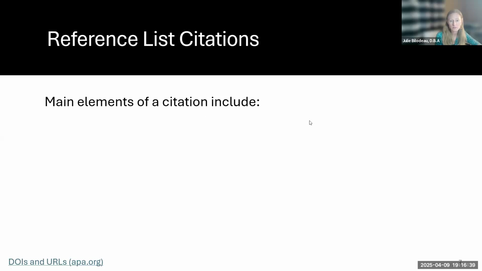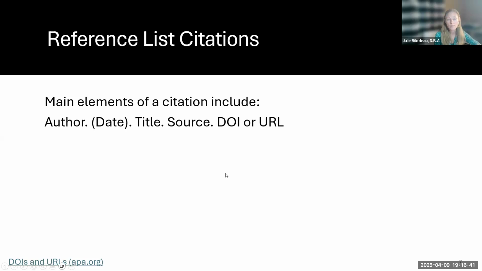So the main elements of a citation include these parts, right? Author, date, title, source, and DOI or URL. I completely understand that reference list citations are overwhelming. It looks like there's a lot of information in there, and it's confusing.